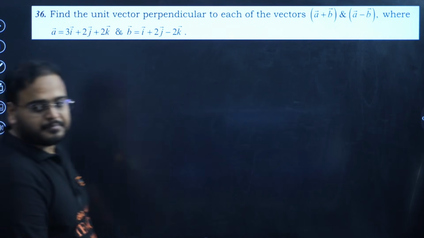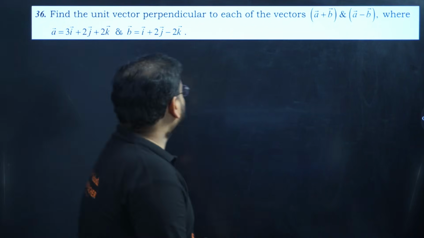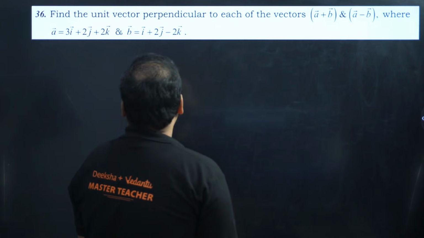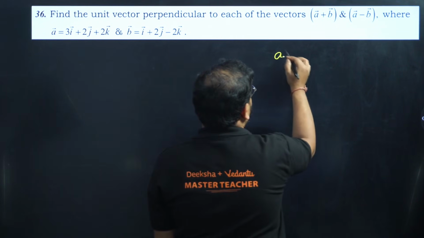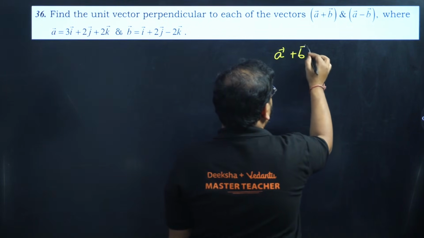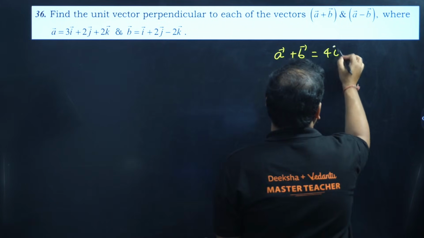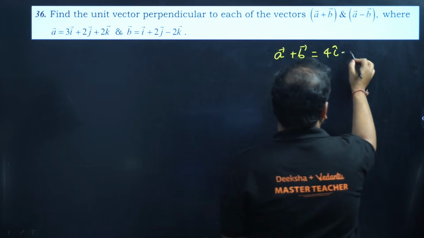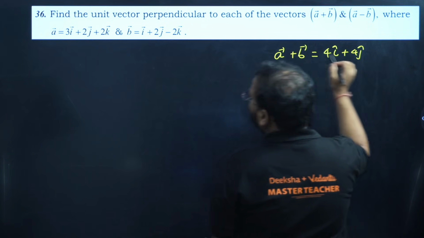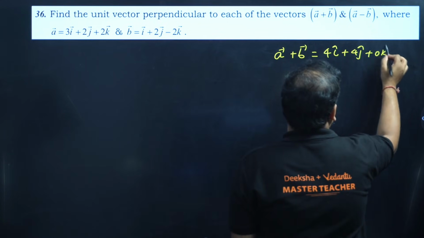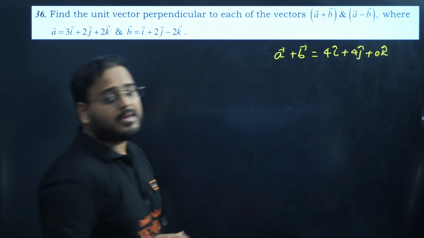Next one. 36th. Find the unit vector perpendicular to each of the vectors given over here. Let's find a plus b first. You'll have sum as 3 plus 1 as 4i cap, 2 plus 2 as 4j cap, and 2k minus 2k will be 0k cap. This is my sum of a and b.